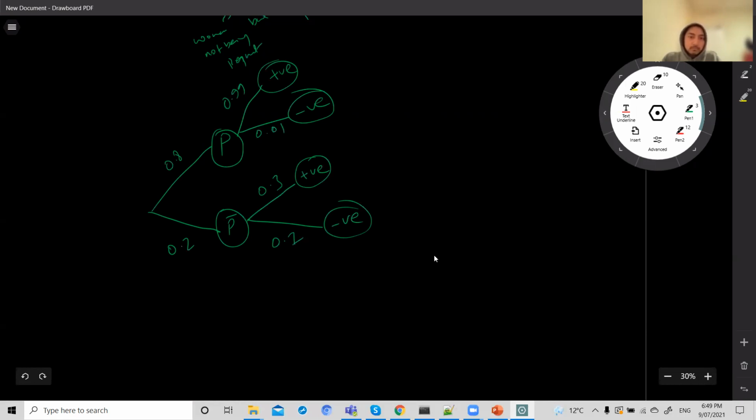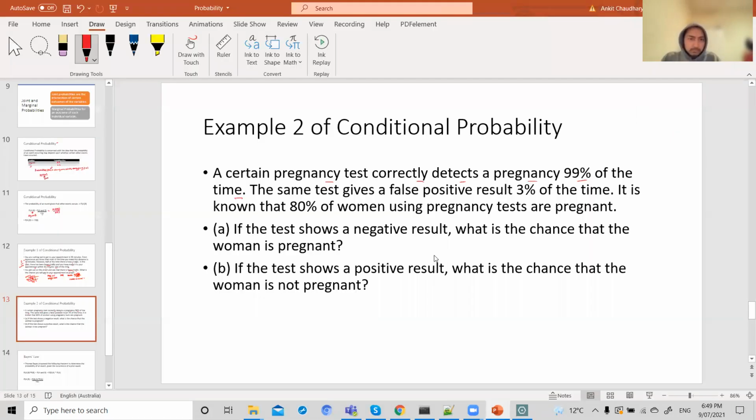Relate these with this question, if that makes sense to you. Or you can draw your own diagram on your copy. Try to think of it and draw the diagram in your copy.